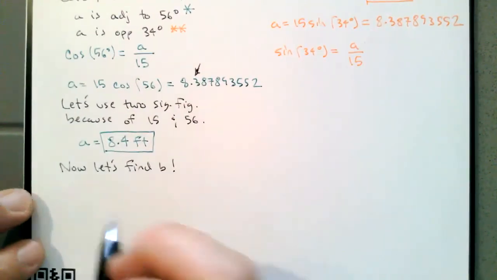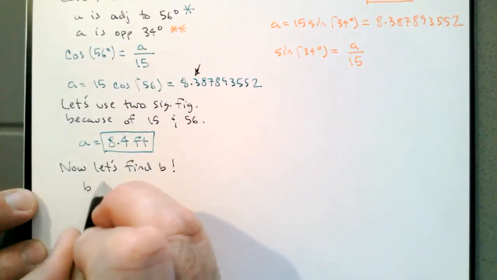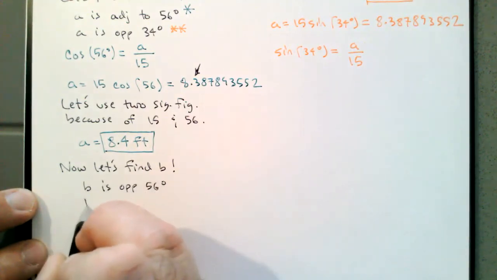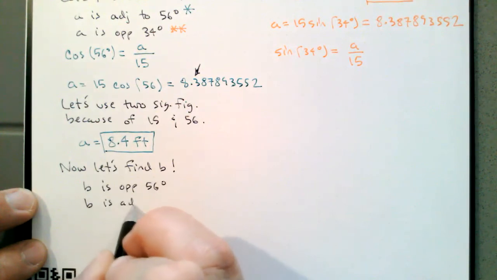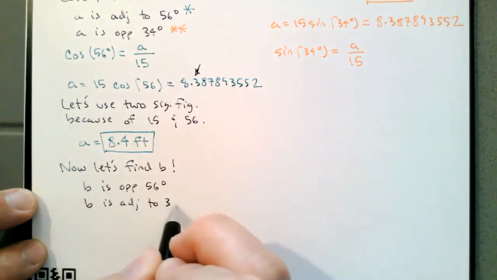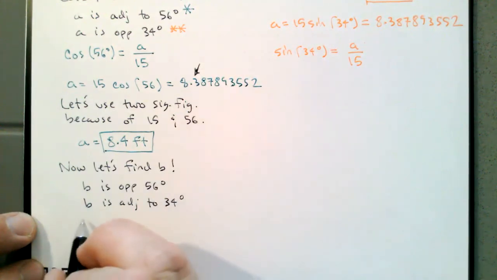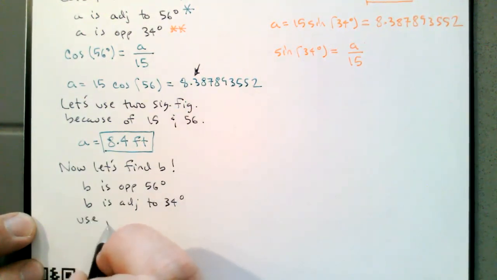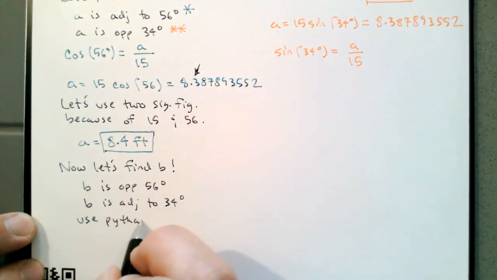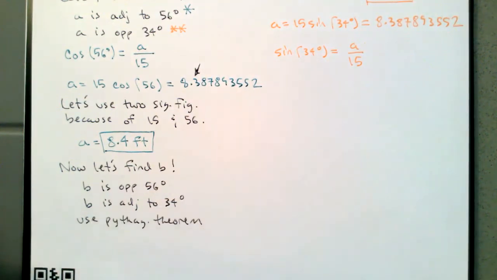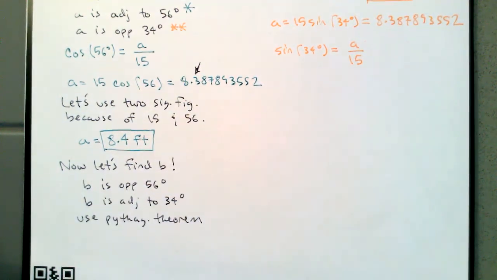So our options here are to read B as opposite 56 degrees, or read that B is adjacent to 34 degrees, or, since we have 2 sides, we could also use the Pythagorean theorem. So we have three options. This is even worse than last time.